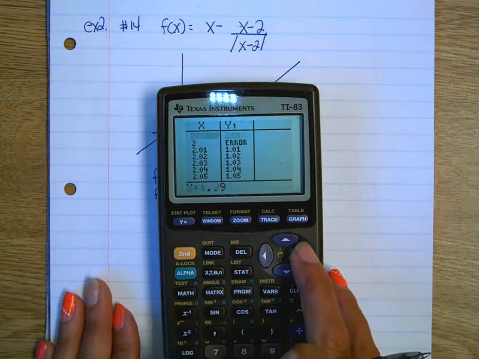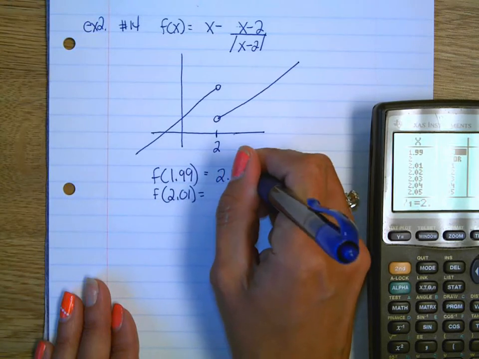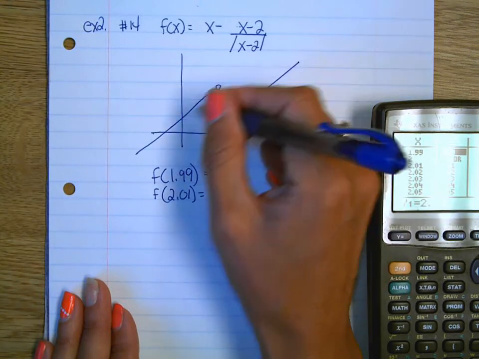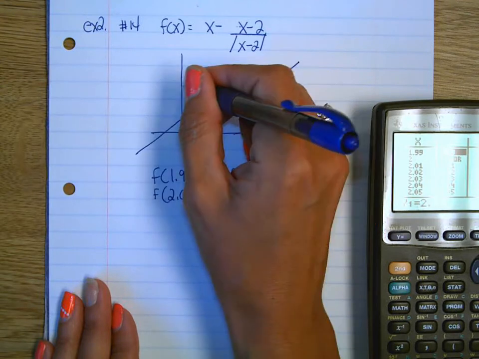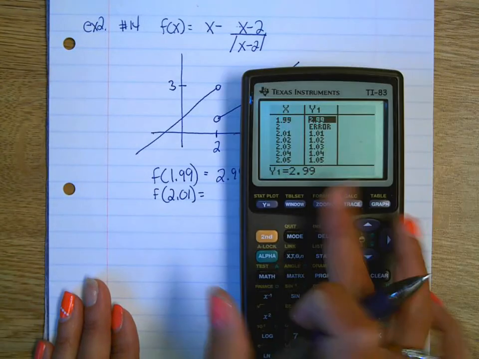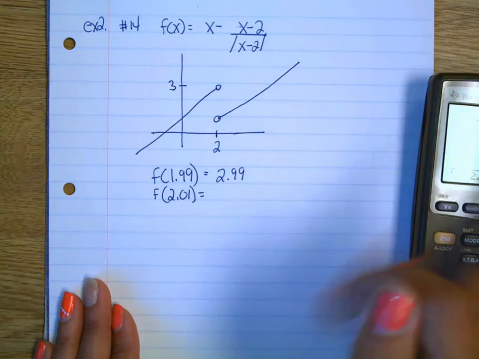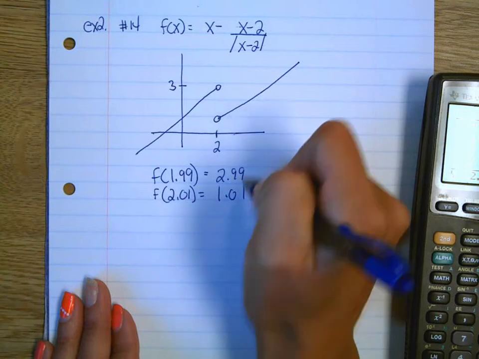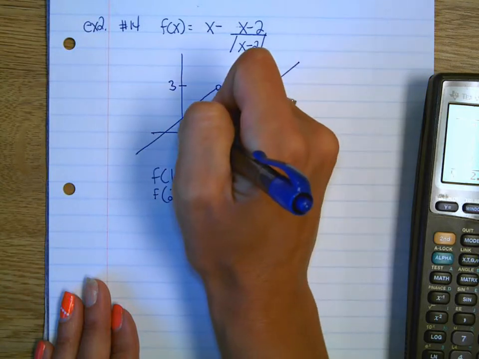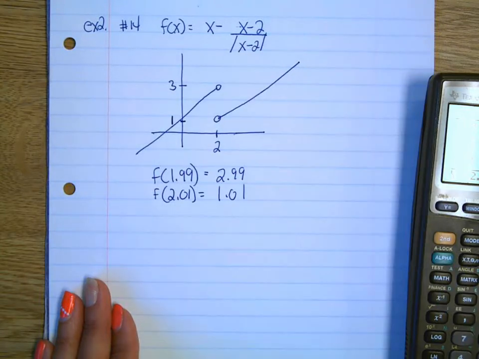So at 1.99, I'm at 2.99. I'm almost up to 3. So this branch is ending really close to 3. At 2.01, I'm at 1.01. So this branch is ending down really close to 1. All right, next question.